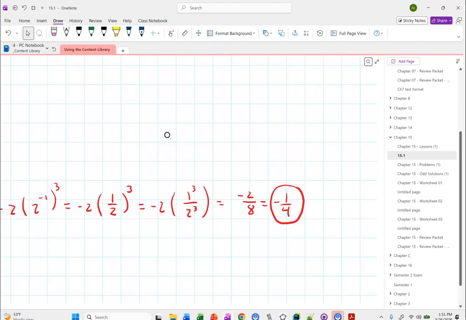Daniel, for 2/8, isn't 1 to whatever exponent just 1? Yeah, and then I multiplied the -2 in. Makes sense.